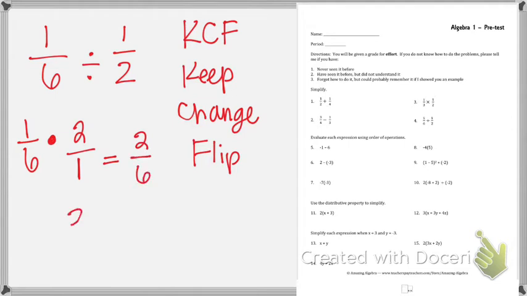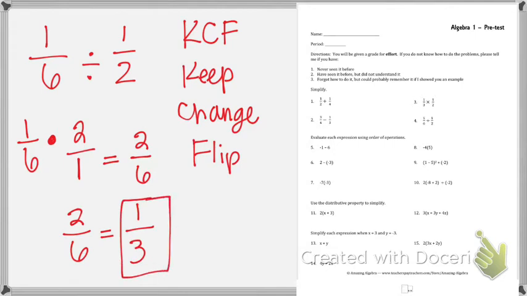So now we have 2 over 6. But I'm pretty sure that I can simplify this because 2 and 6 are both even numbers. So, how many times does 2 go into 2? 1. How many times does 2 go into 6? Well, 2, 4, 6. 3. So my answer here is 1/3.